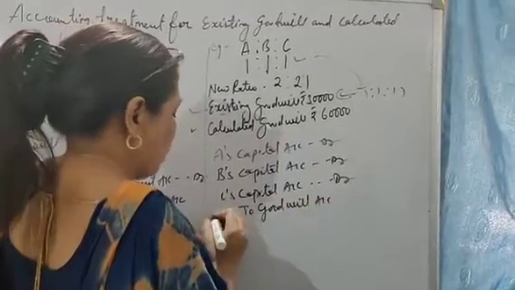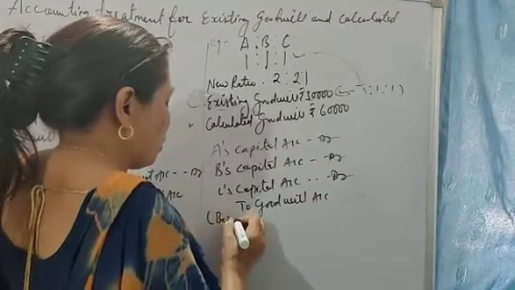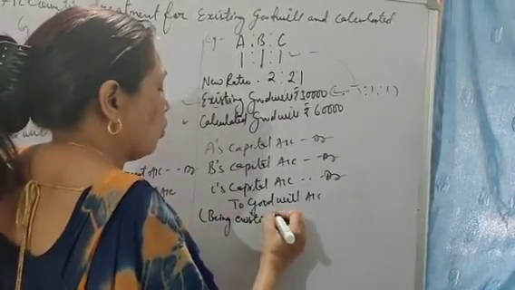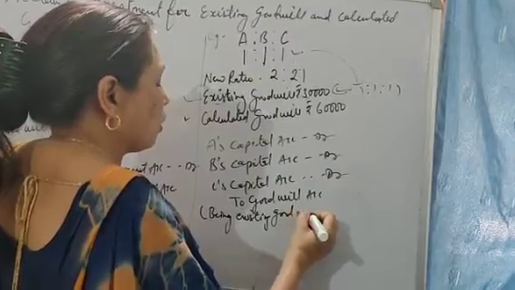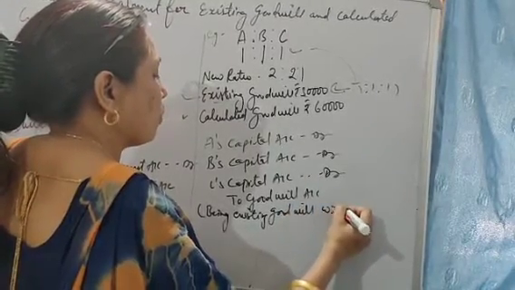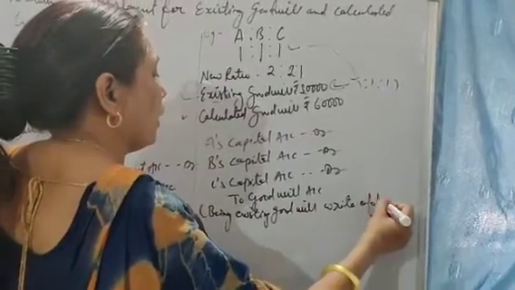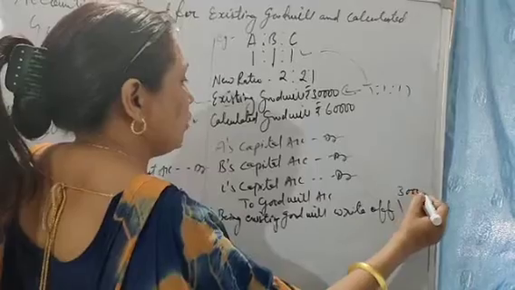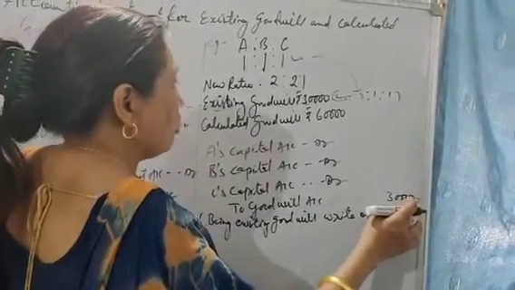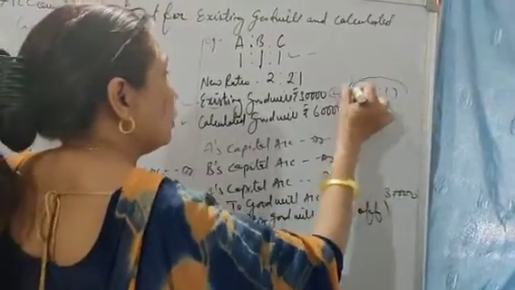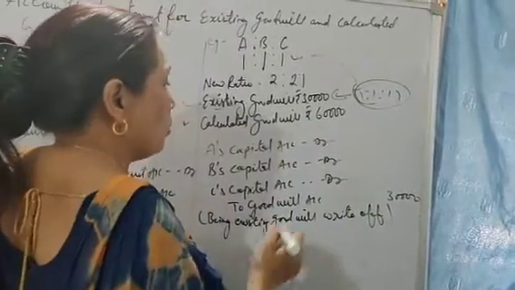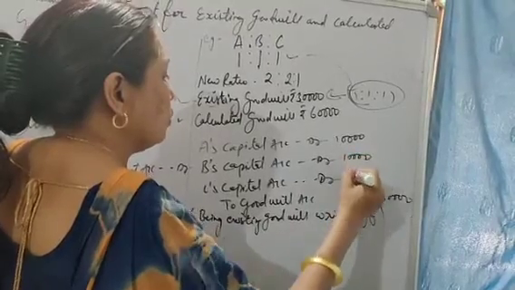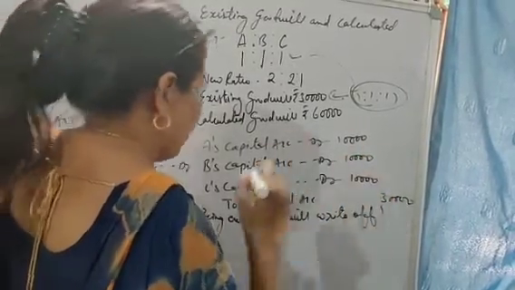Being existing goodwill written off. Or you can write written off. So what is your existing goodwill? That is 30,000, and that 30,000 you have to divide in this ratio, 1:1:1 means equally. So 10,000 will be given to each and every partner.